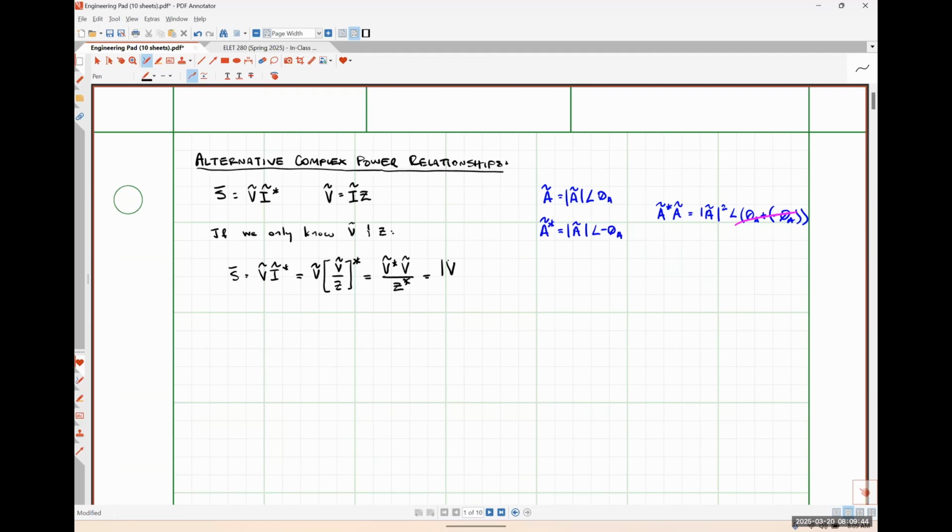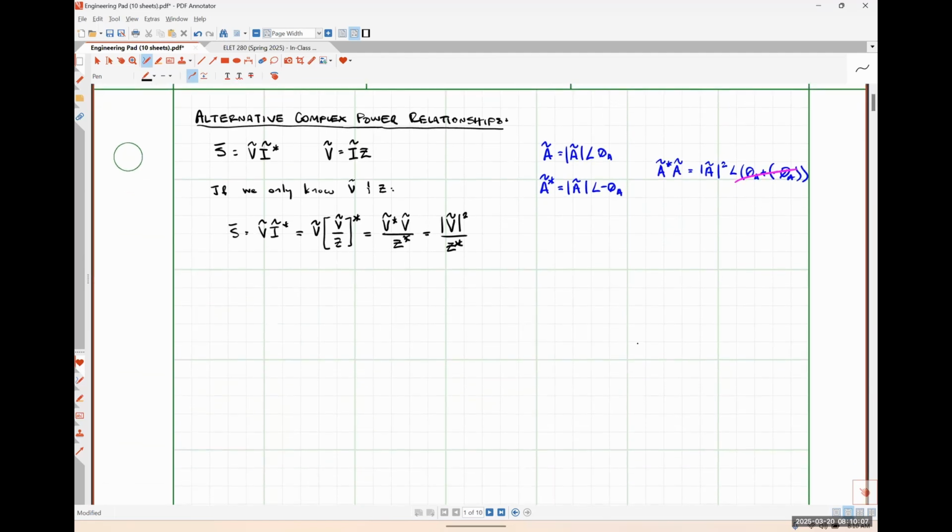We just need to know the magnitude of the voltage, we square it, and then we divide that by the conjugate of the impedance. And that is our way of calculating complex power for any given impedance if we only know the voltage and the impedance itself. No need for us to try to figure out the current or anything like that.